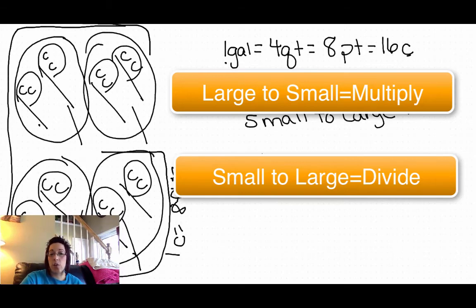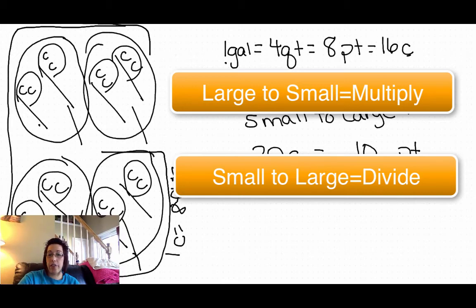So let's start with if I have 20 cups and I want to know how many pints that would make. So in 1 pint, there are 2 cups. So if I take 20 and divide it by the 2 cups that are in 1 pint, I get 10 pints.